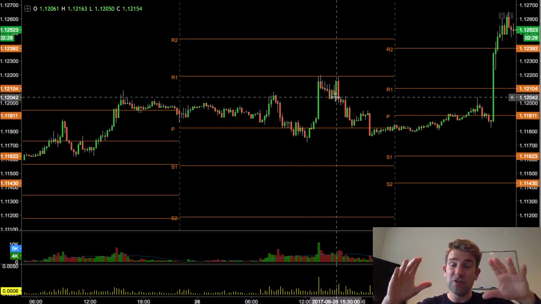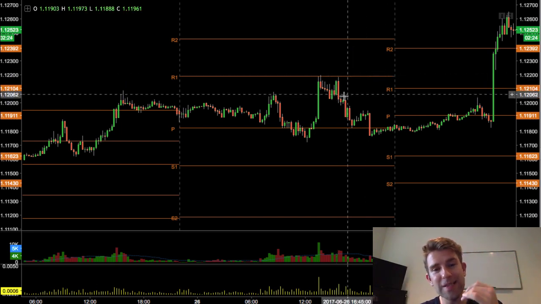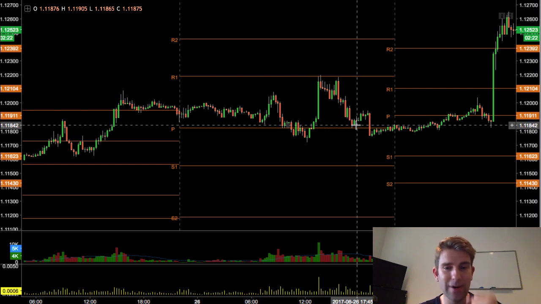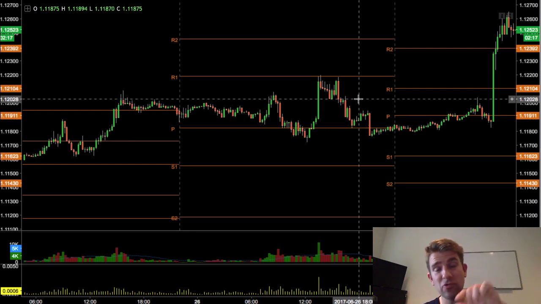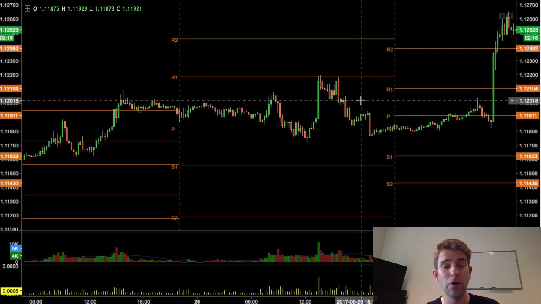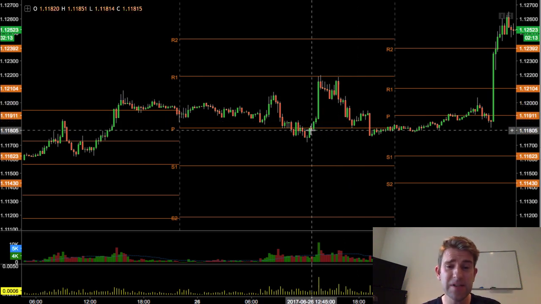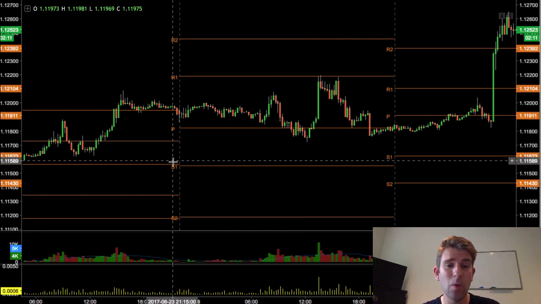Now, the interesting thing is if we're long and we know that the chances are we tag R1 or S1 at least 80% of the time, and those are statistics, and I'm going to give credit in a minute to the person I got this data from. But 80% of the time we are going to tag R1 or S1.